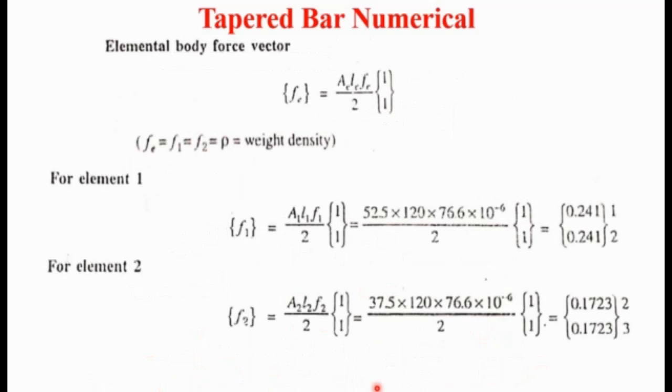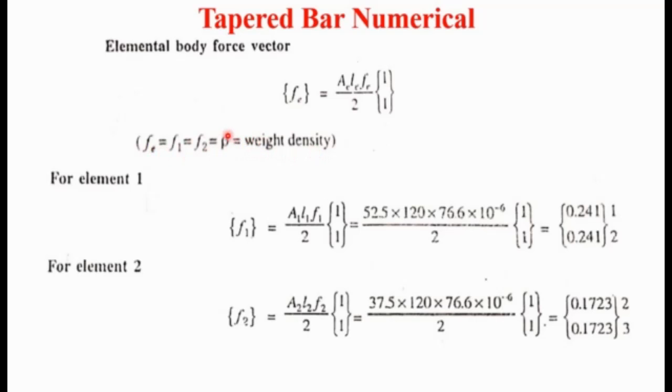Now, the elemental body force vector. After calculating these elemental stiffness matrices we have to calculate the body force vector. So the elemental force Fe is equal to A into L into Fe divided by 2, into 1, 1, where Fe is nothing but the weight density, rho.